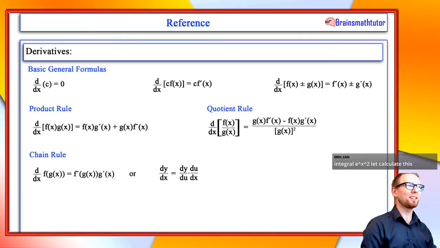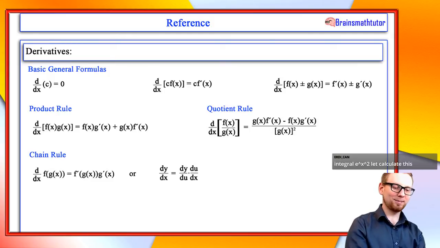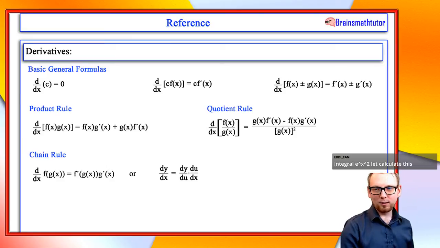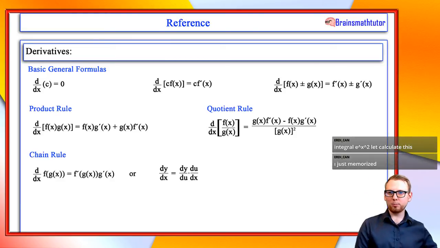Integral of e to the x squared. Let me guess, that was the... I think Black Pen, Red Pen did one on that?